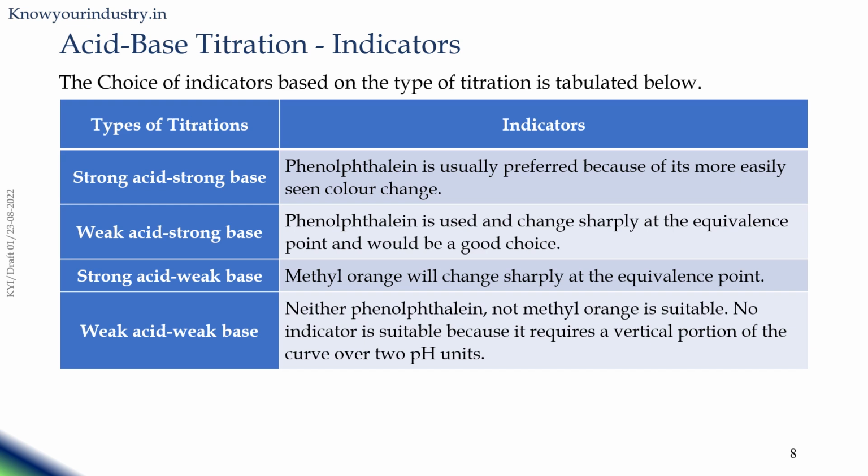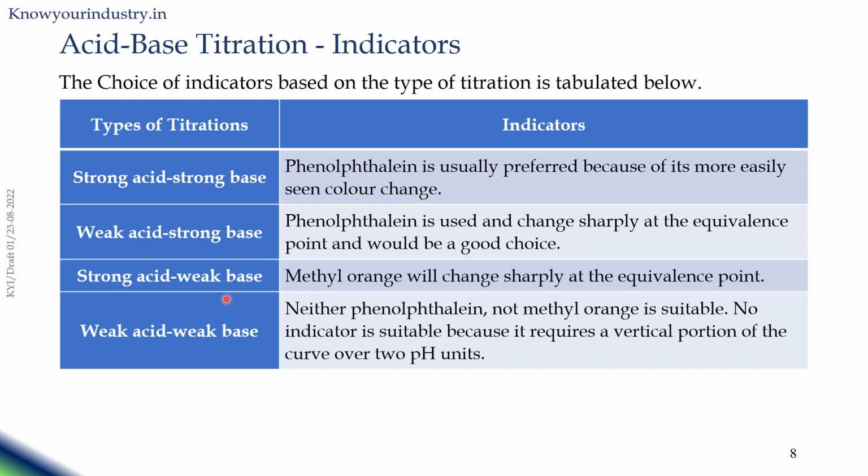Whatever types of acid-base titration we have seen, they use pH indicators. So what is the choice of indicator for each combination? For a strong acid, strong base, we can use phenolphthalein, which is used to see the color change. Then for a weak acid, strong base, again you can use phenolphthalein, which is a good choice to see the color change at the equivalence point.